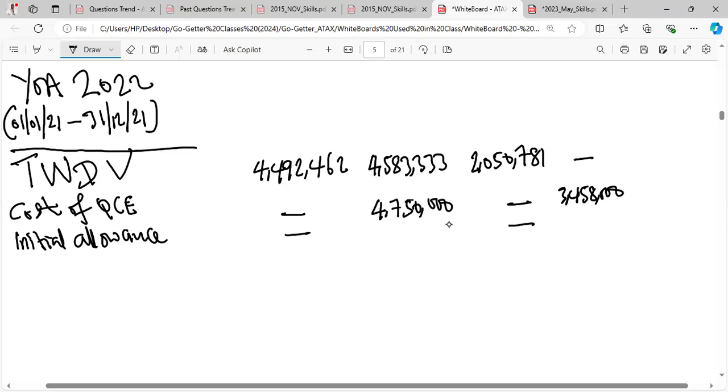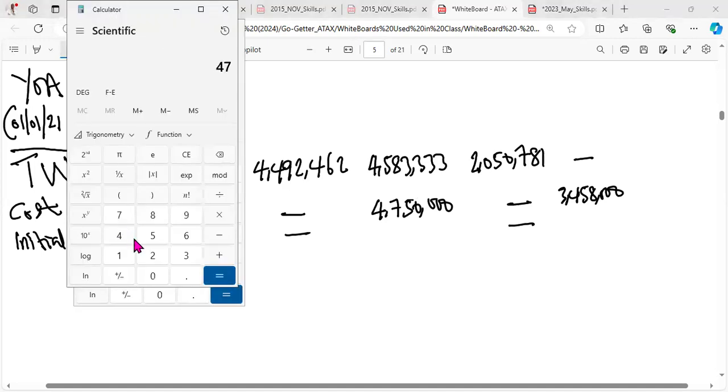So these two items bought here, we need to find the initial allowance. Of course, this motor vehicle, this is 50%. So what we do here, let me use this other figure, 4750 times 0.5, which is 50%, 2375.